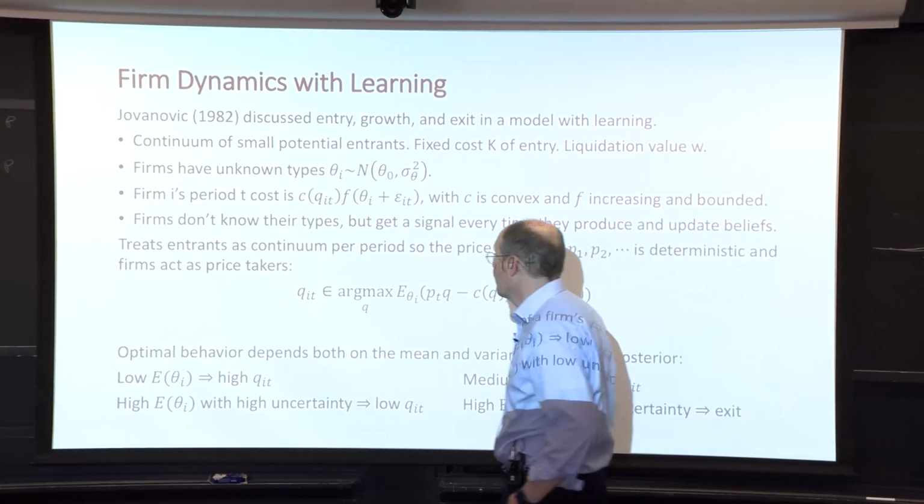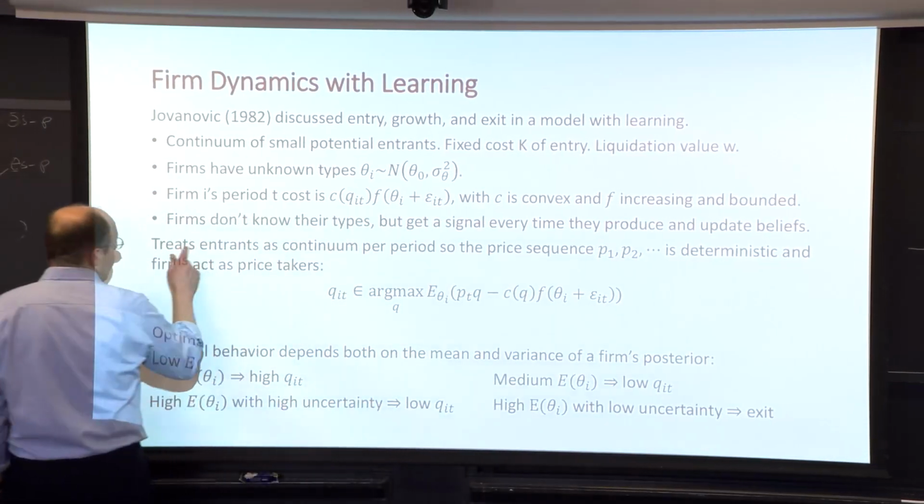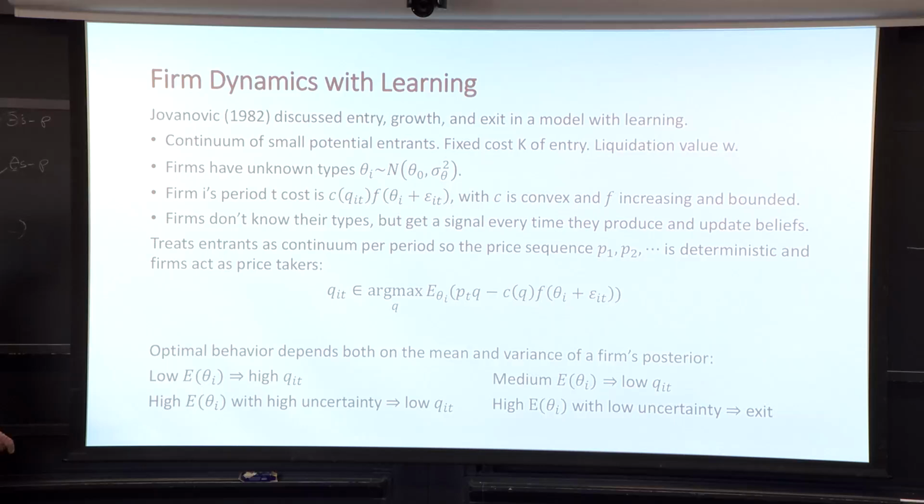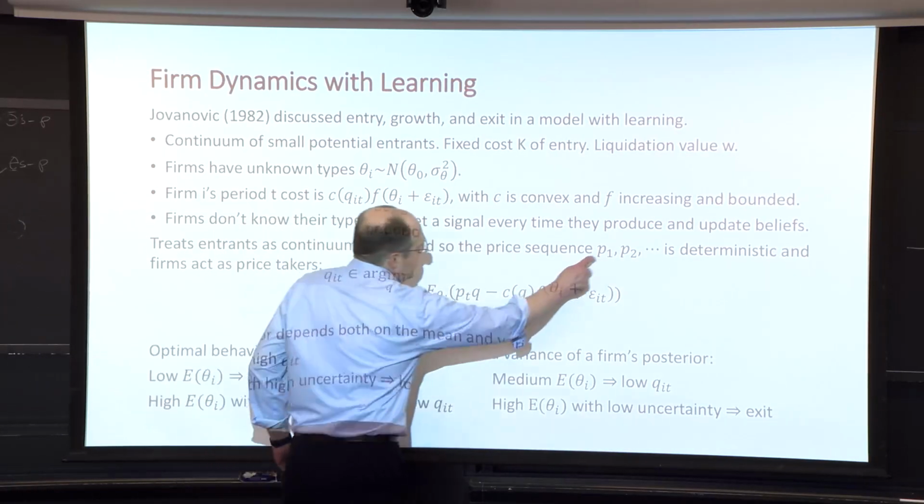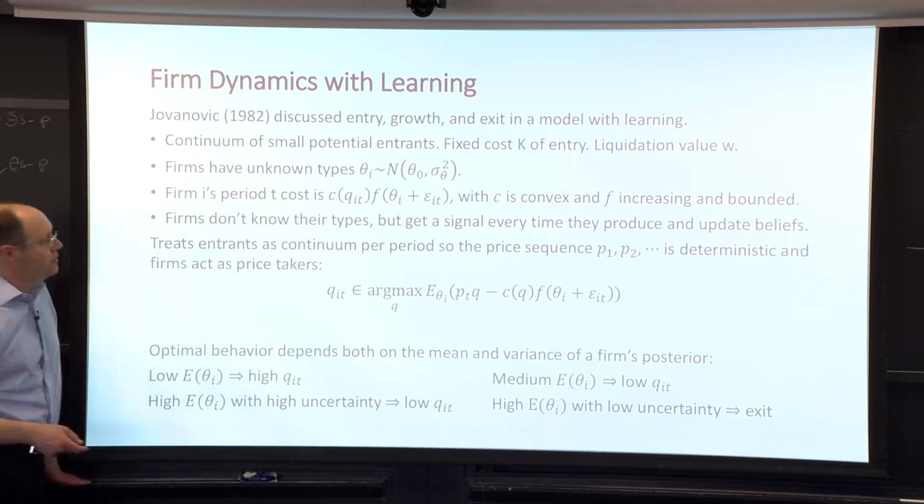Okay. So anyway, he treats the entrants as a continuum per period. And with this continuum of entrants, you get a deterministic price sequence, P1, P2, P3.